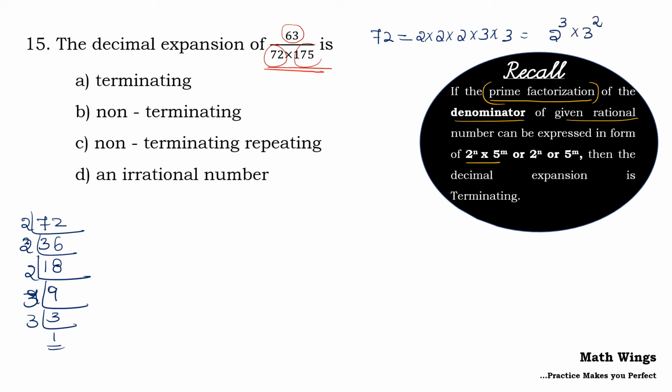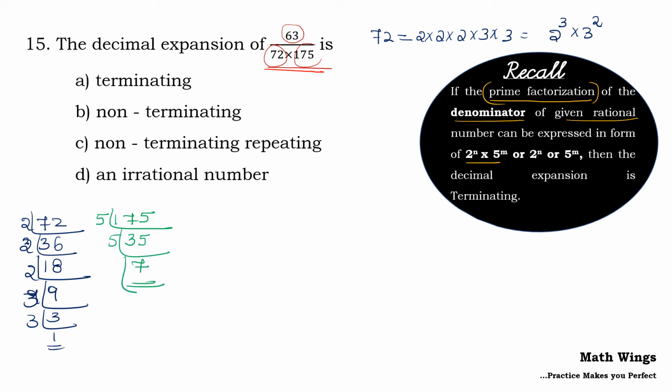Then we have to see the prime factorization of 175. We can go with 5 over here because we can't divide by the previous prime numbers 2 and 3. 5 3s are 15, 5 5s are 25, 5 7s are 35.